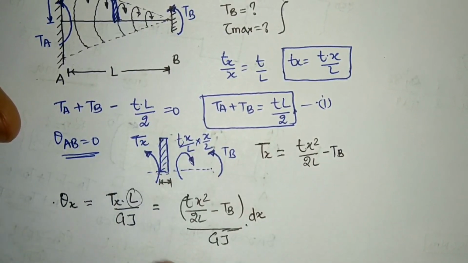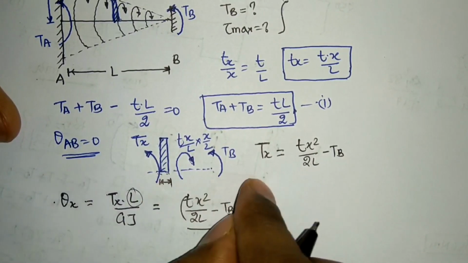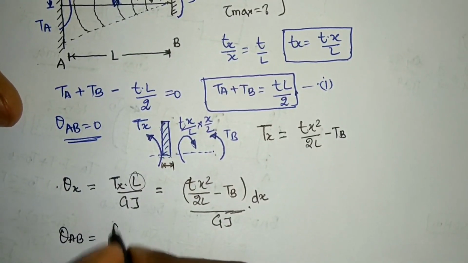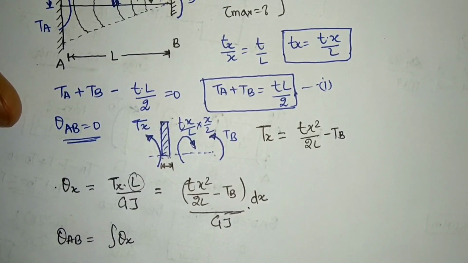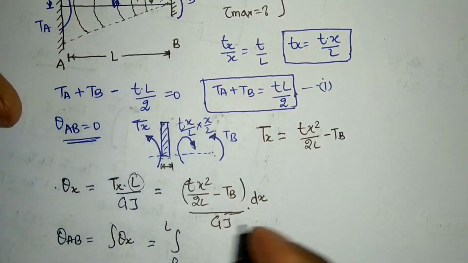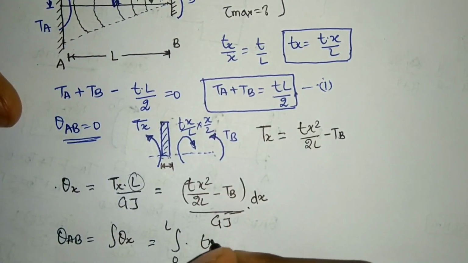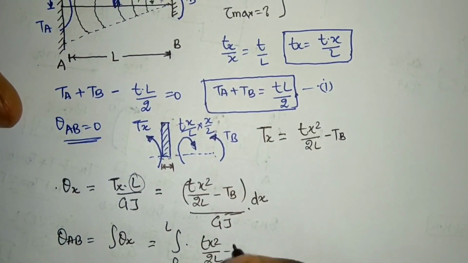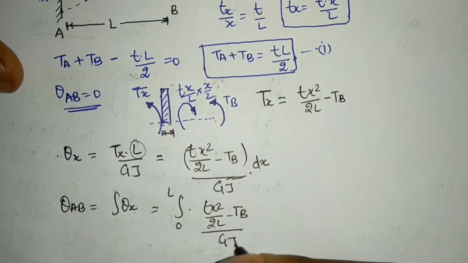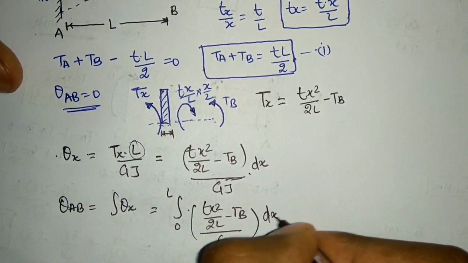Now, if I need to calculate theta of this whole shaft, that is theta from A to B, I can say it is the integration of this element. This will give me the integration from 0 to L, from initial point to final point, of Tx square divided by 2L minus TB, divided by GJ into dx.